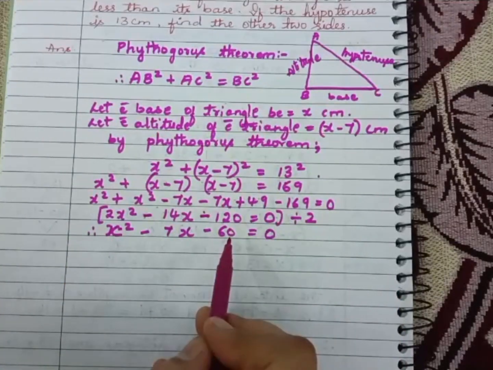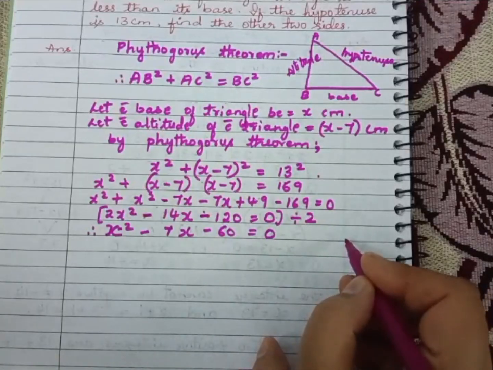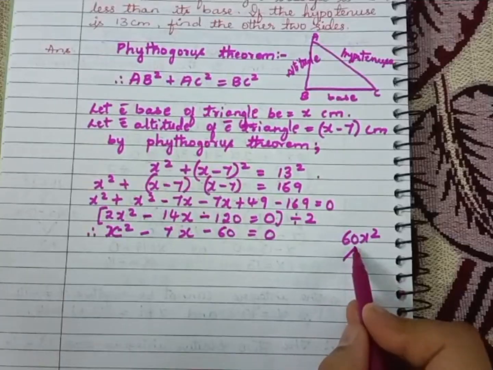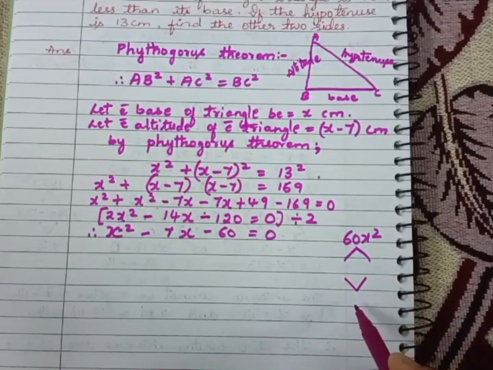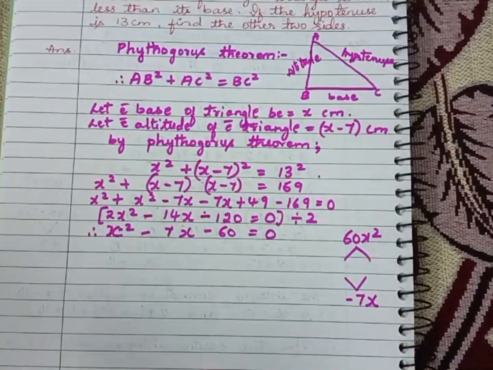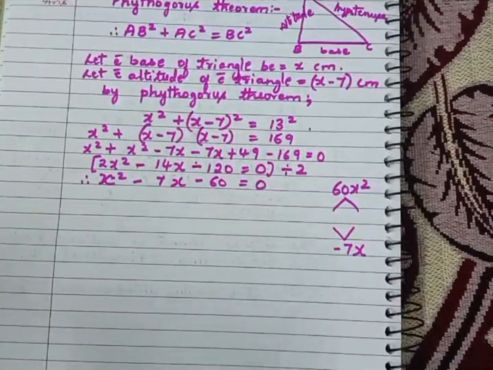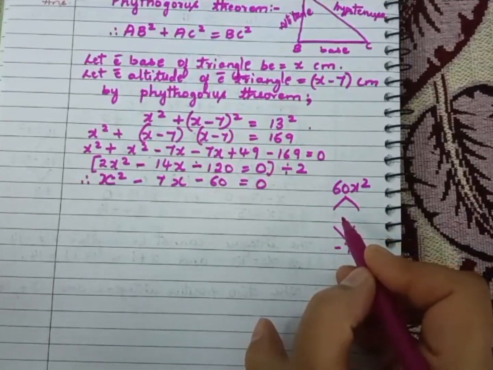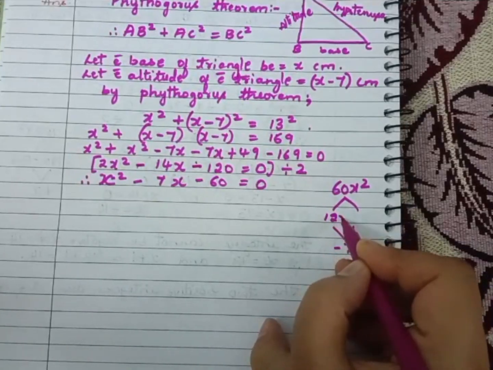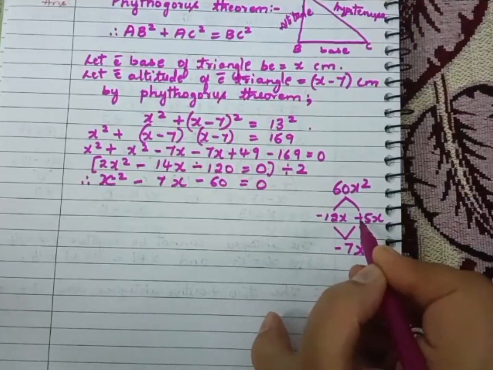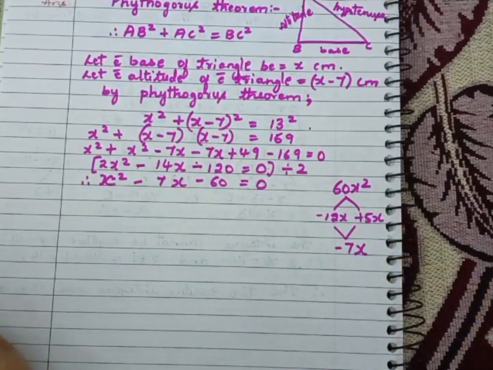Here x square into 60 is 60x square. If we multiply, we have to get 60x square. If add or minus, I have to get minus 7x. So 12 fives are 60. Minus into plus is minus. 12 minus 5 is 7.